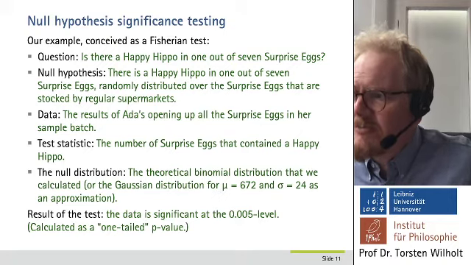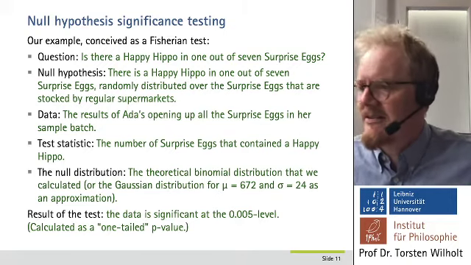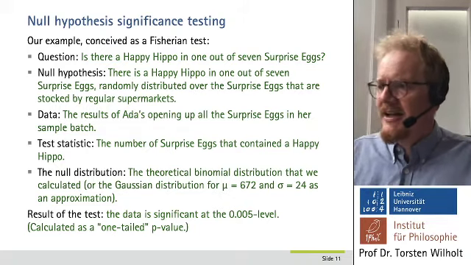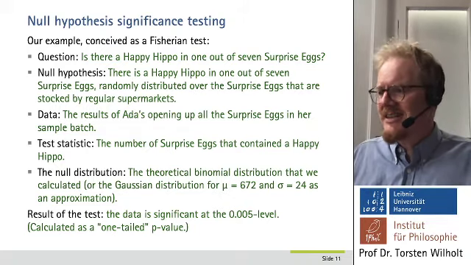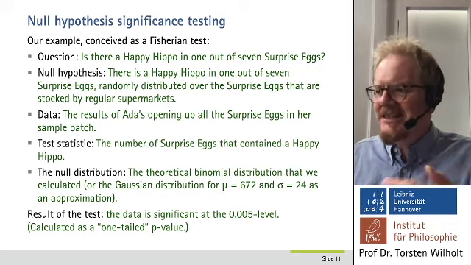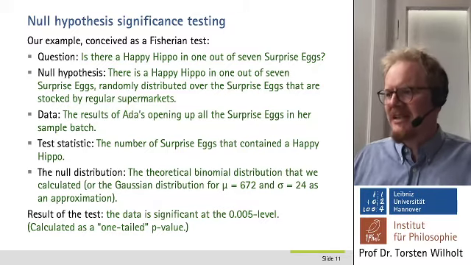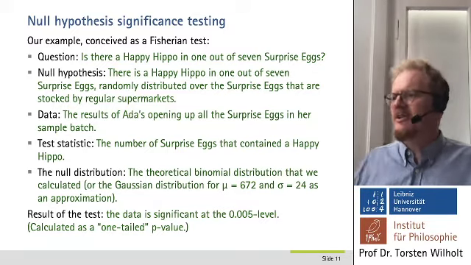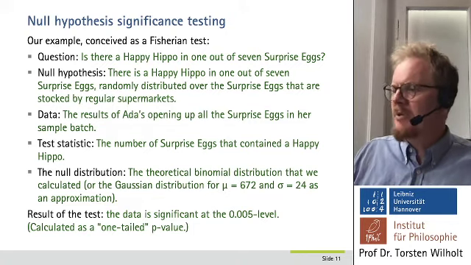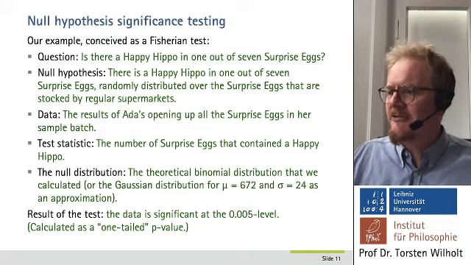So I am assuming, by opting to calculate what's called the one-tailed p-value, that what we're interested in is getting at least as many happy hippos as the company claims, and that we're not interested in precision. We wouldn't be worried about getting too many happy hippos. We're interested in getting enough of them.